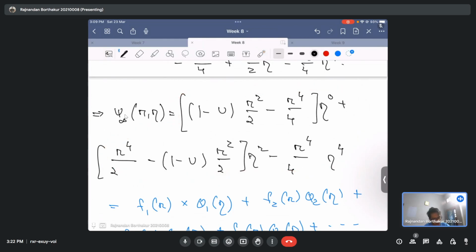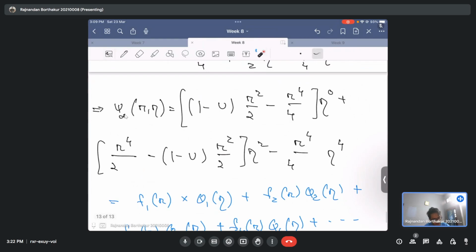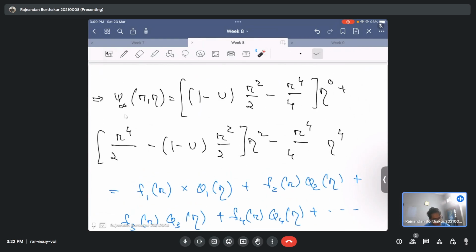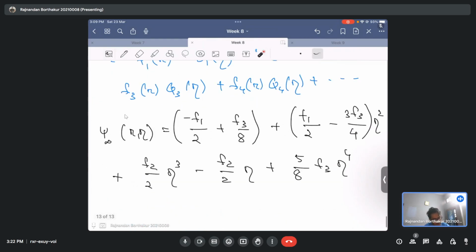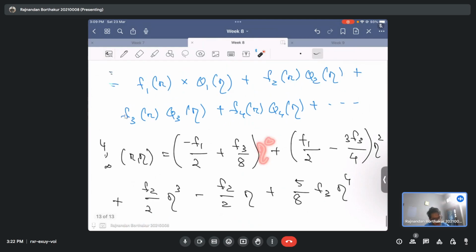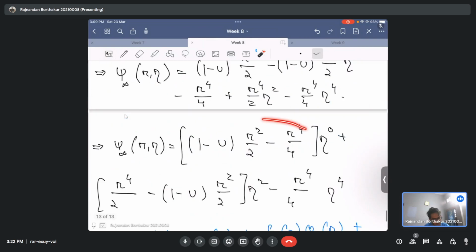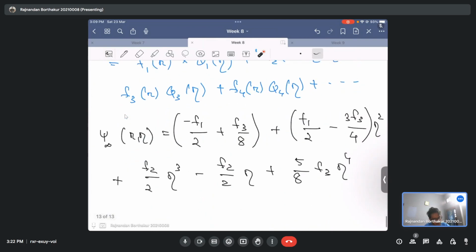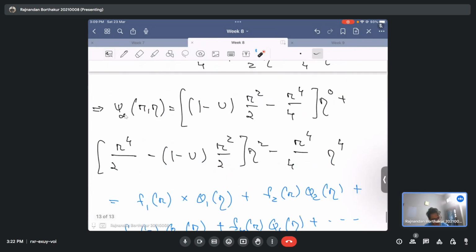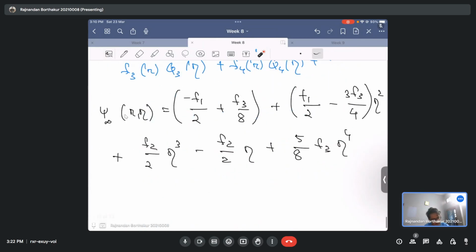Okay, so now if you compare the term associated with eta to the power 0, because there is an eta to the power 0 here, this means that minus f1 by 2 plus f3 by 8 will be equal to this term. Similarly, doing the same exercise in the same spirit, you can show that there is no eta cubed term here, which means that f2 by 2 is 0, and similarly this goes on with f3 by this term.